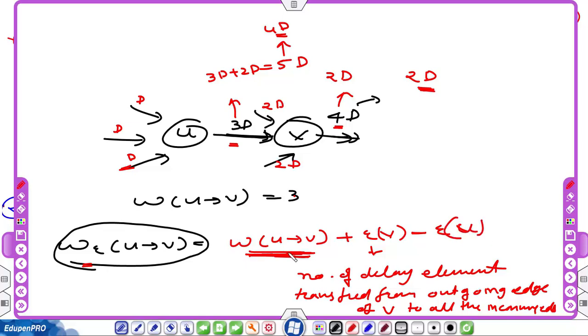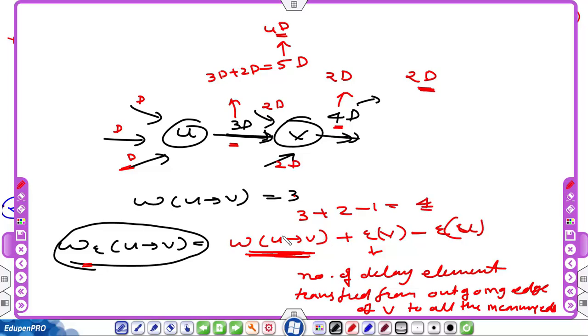This was originally present, that is 3. RV, two delay elements transferred from the outgoing edge of V to its incoming edge, so 3 increased by 2, and then at this point one delay element transferred from the outgoing edge of U to the incoming edge of U, so subtracted by 1. This is 3 plus 2, 5 minus 1, that is 4.